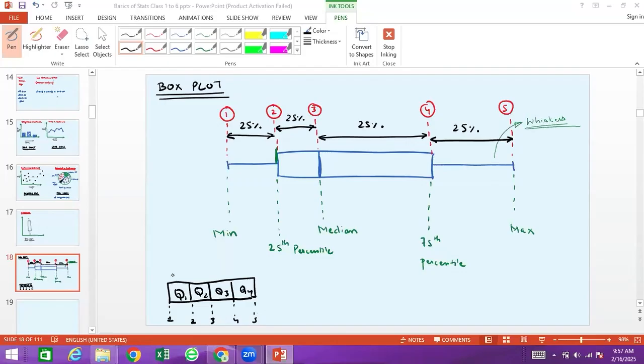I always imagine box plot like this, that we have 4 equal quarters.